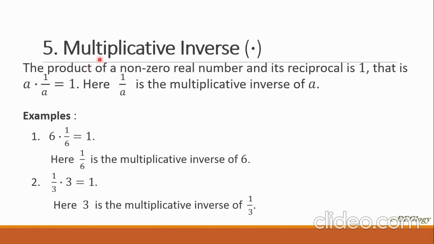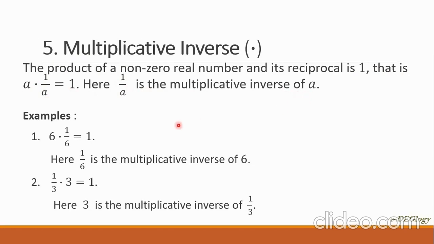It says the product of a non-zero real number and its reciprocal is 1. Again, this number 1 is the multiplicative identity. And that is, if we have this A multiplied by 1 over A is equal to 1. And here, the 1 over A is the multiplicative inverse of A.